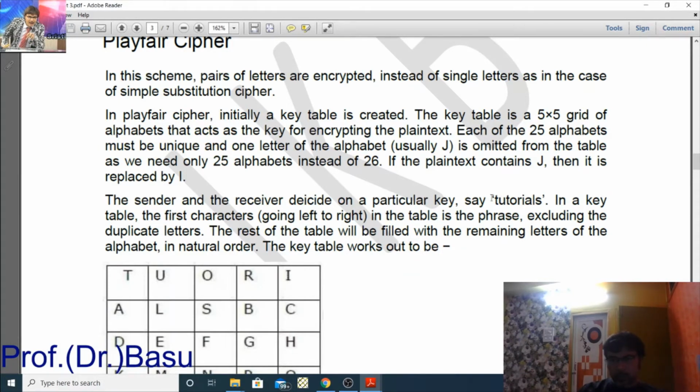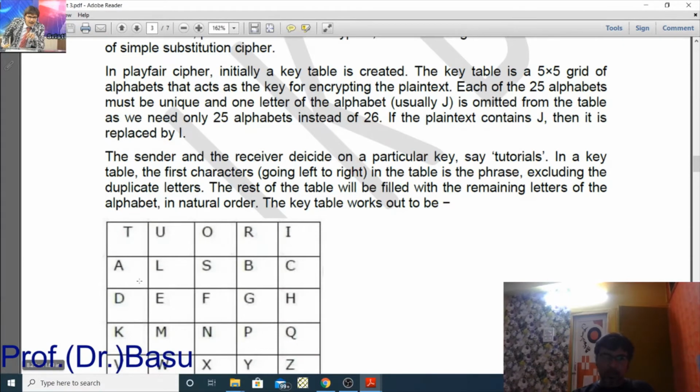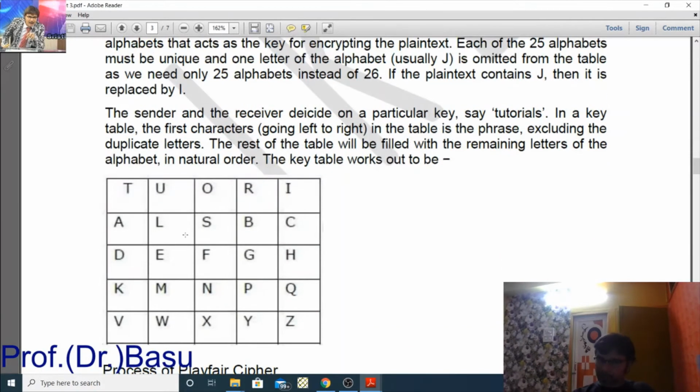The system is agreed with a particular word which will generate the key table. The 5 by 5 board means the number of rows, the number of elements in the rows, and the number of columns, the number of elements in the columns, will be 5.